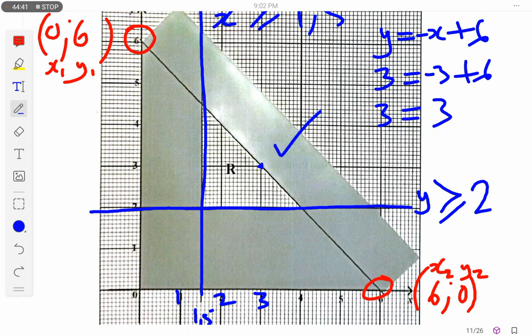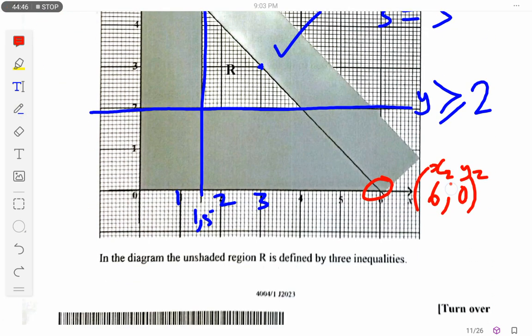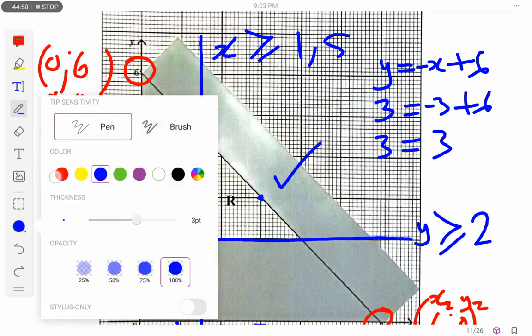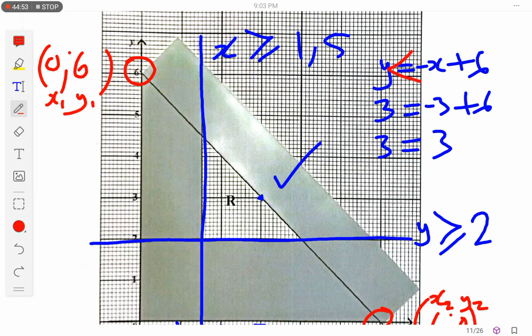When it's valid, it means our inequality is going to say all the values of y are going to lie below this line there.